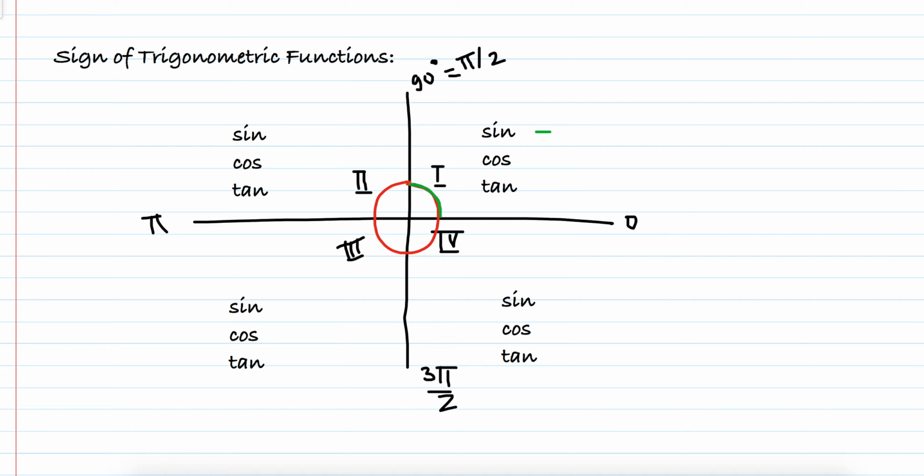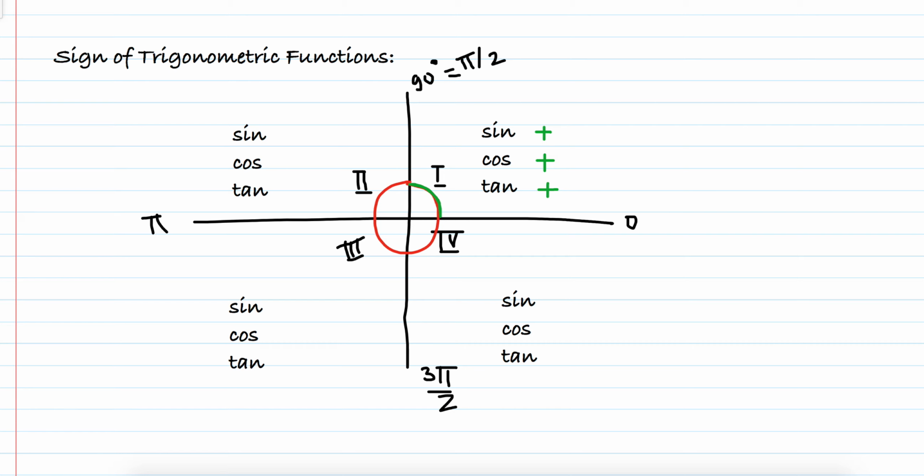So a, b and r are positive, r is always positive. So sine will be positive, cos will be positive, tan will be positive. And their reciprocals will also hold the same sign, because the reciprocal of a positive number is positive, and the reciprocal of a negative number is negative.